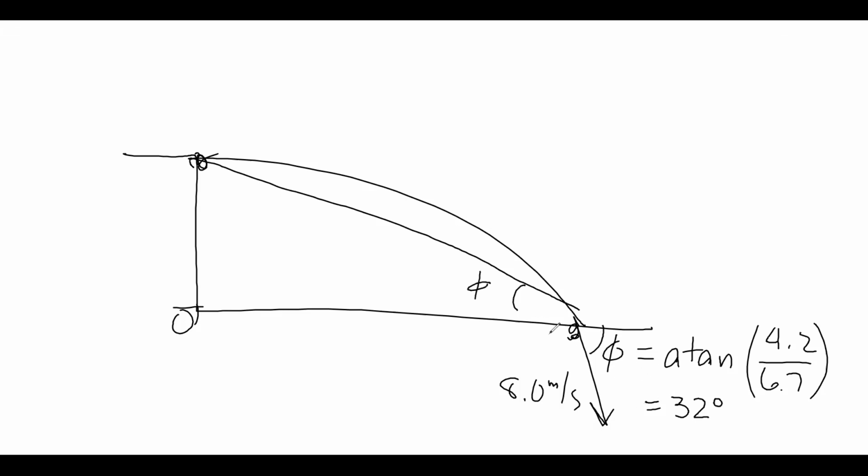I tried to draw them a little exaggerated here, but those are completely different angles. The angle that is part of the right triangle of the position vectors is not the same as the impact angle of the velocity vector.